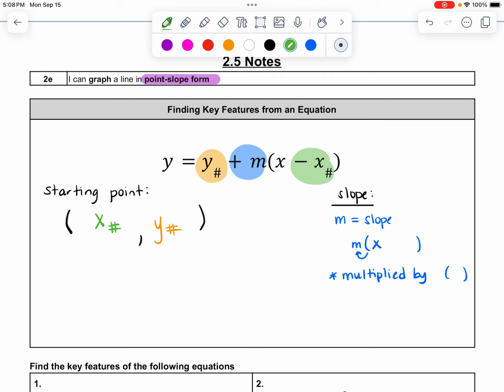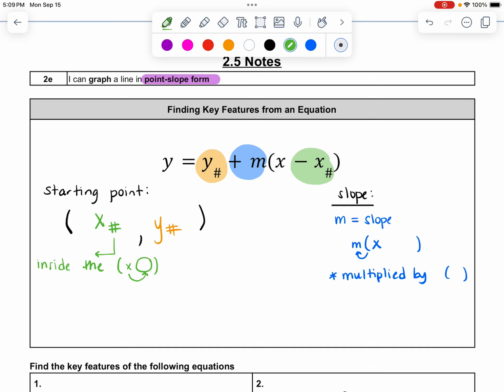In order to figure out the x number, we are going to look at the number that is inside the parentheses. So you're going to see an x, and right after the x is going to be your x number.